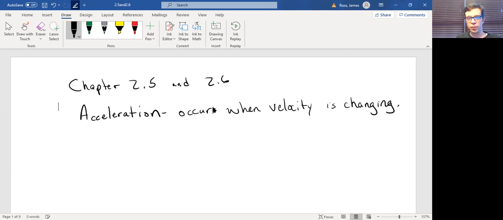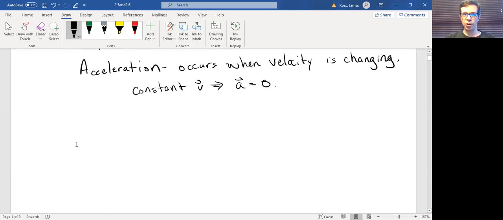Right, we already mentioned before that a constant velocity implies that acceleration is 0. So we have a non-zero acceleration when the velocity is changing.